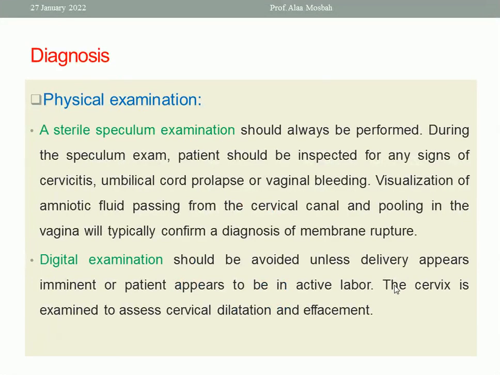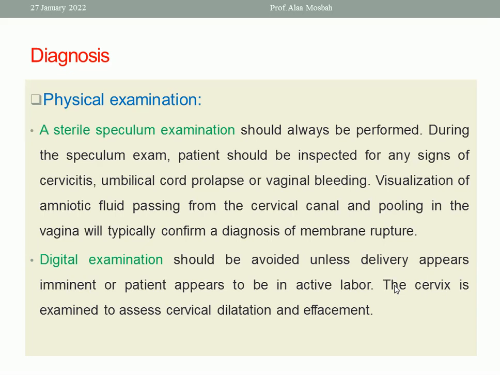Okay? Then go through the physical examination. Use a sterile speculum examination. It is very important to use a sterile speculum examination so as not to introduce infection, for fear of the risk of occurrence of chorioamnionitis.